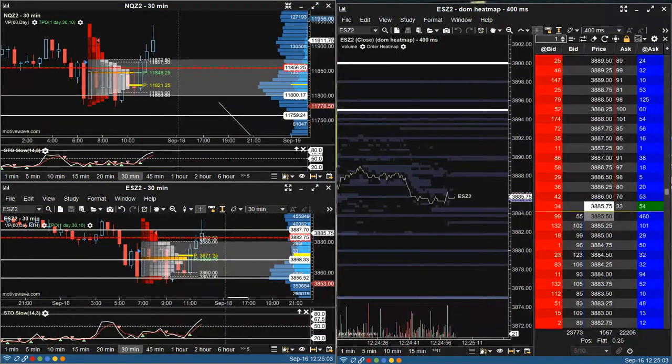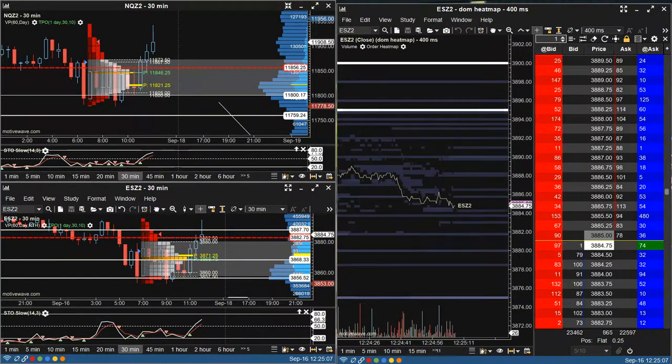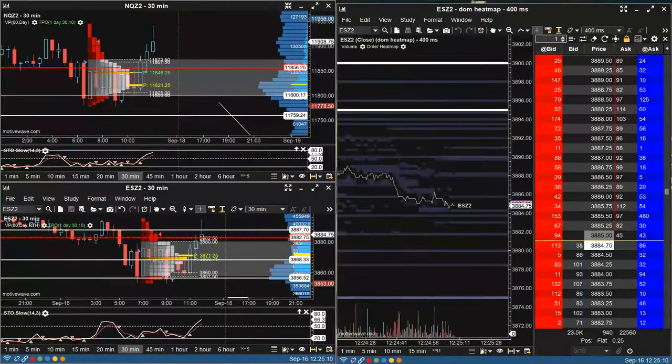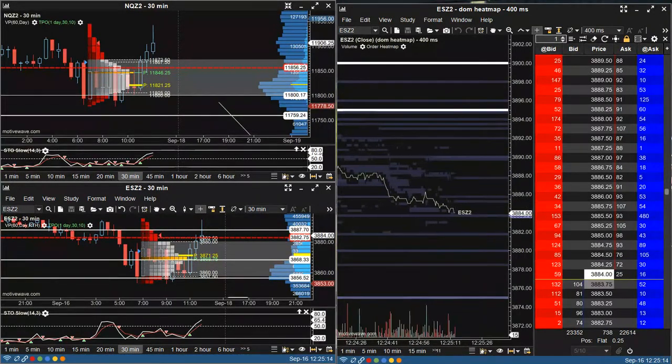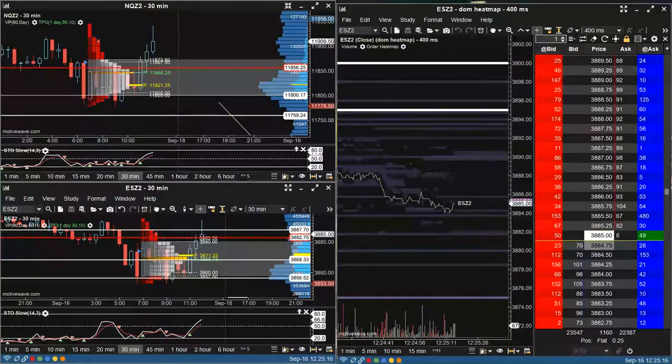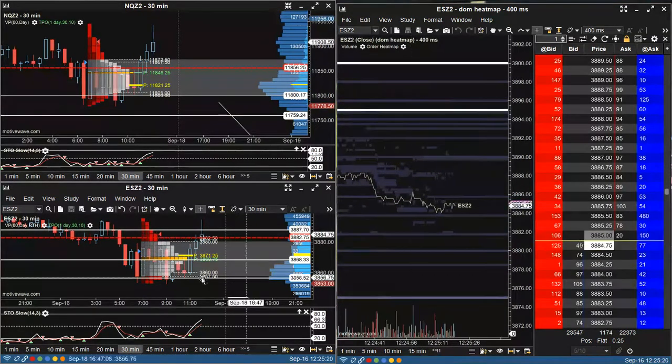That's all I use in terms of levels. Then intraday, of course, you have intraday levels from the profile, what's created. You have the value area low, high, low, and POC.